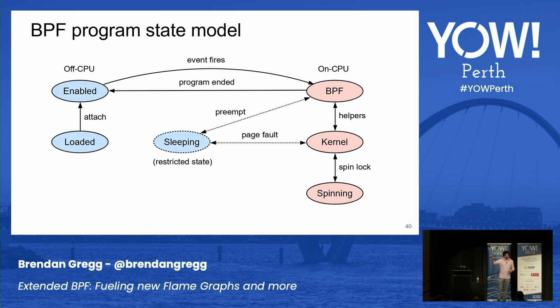You can do other kernel code through helpers only. It's sandboxed. There are spin locks, and in some cases you can even, this is a new addition, sleep in a BPF program. That was added especially for doing user space memory access when it hasn't been faulted in. We needed to be able to sleep to allow the fault to happen.